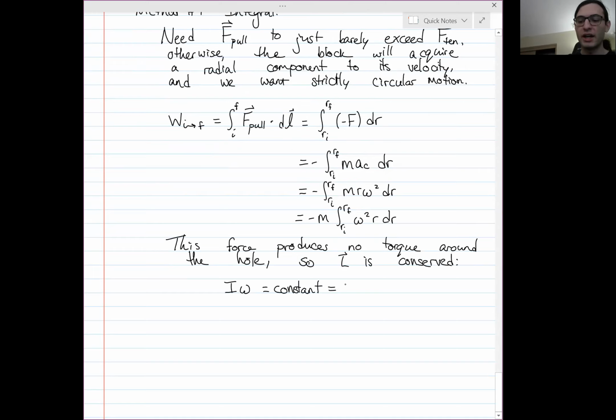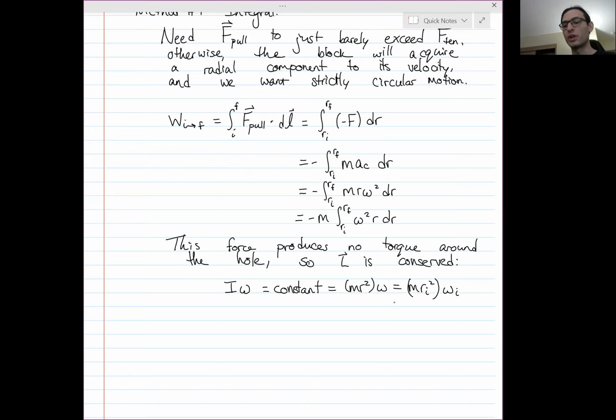But I omega is just m r squared omega, where I is m r squared and r is the distance the rock is from the hole. And this is equivalently equal to m Ri squared omega_i, because it's the same value for the appropriate combinations of omega and r.